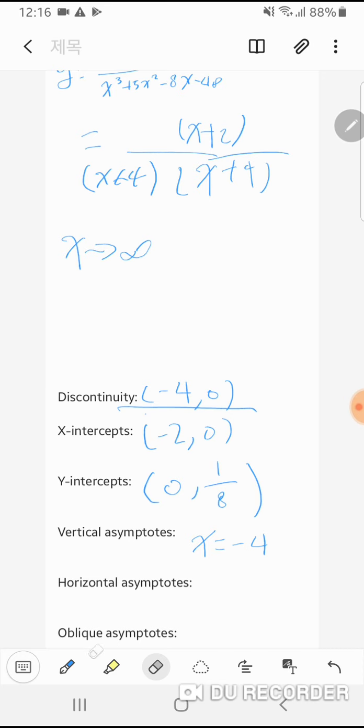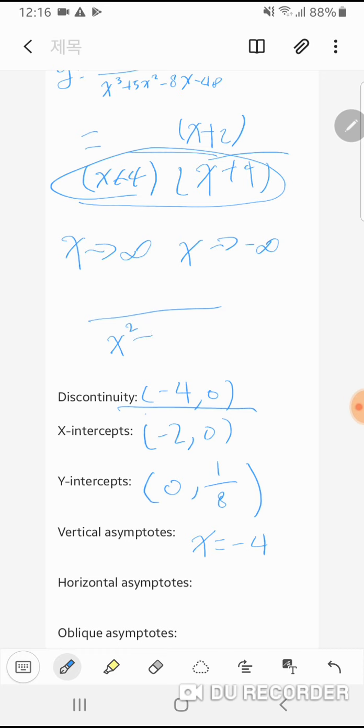If we just expand x plus 4 squared, we have this and this.